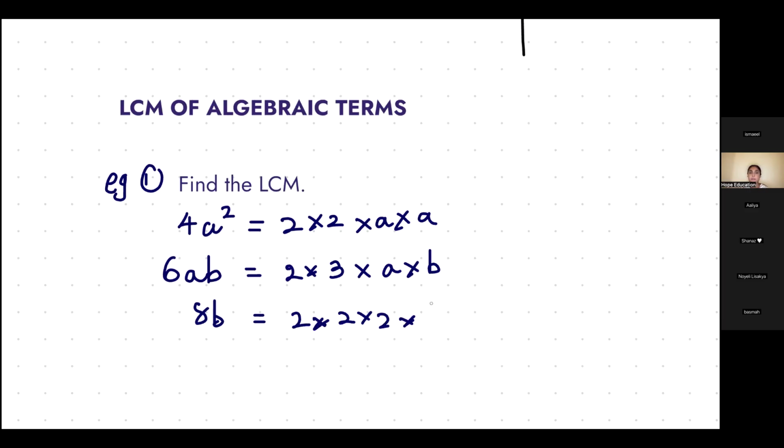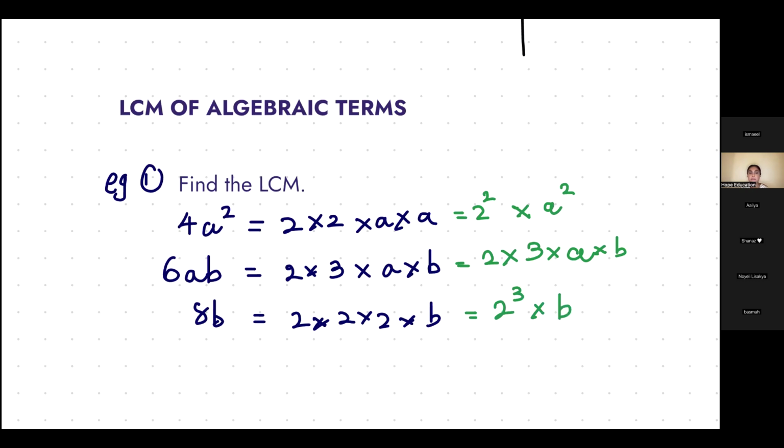Then we have 2 to the power 2 and a to the power 2. Here 2 times 3 times a times b. Here 2 times 2 times 2, which is 2 to the power 3, times b.